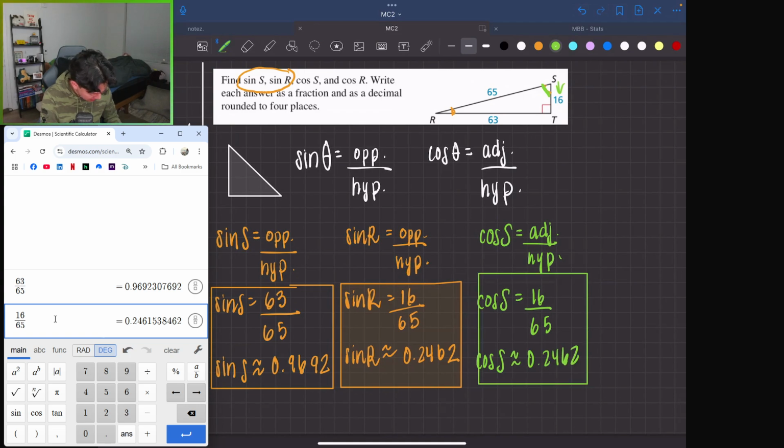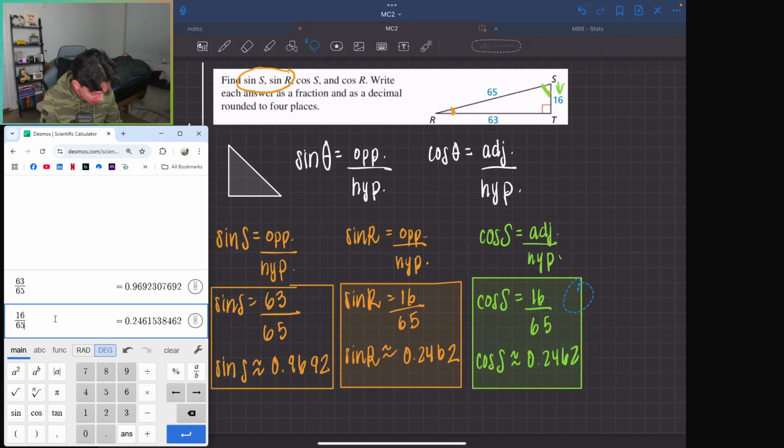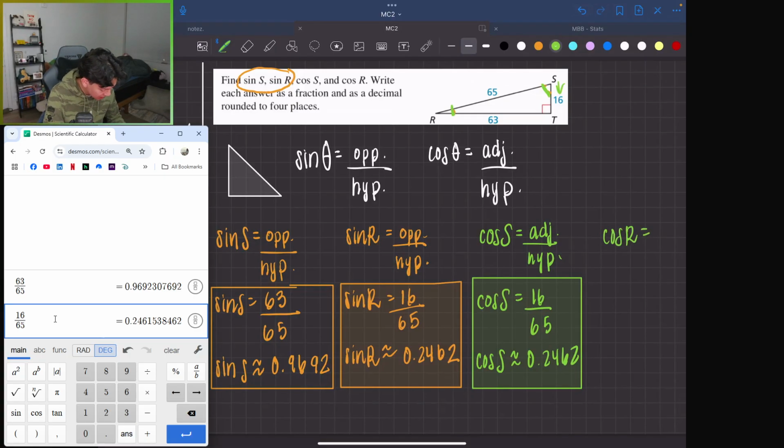And then lastly, what is the sine of S going to be? All right, we already found the sine of S. I lied. The cosine of R. So cosine of R right over here. Cosine of R is the adjacent over the hypotenuse.